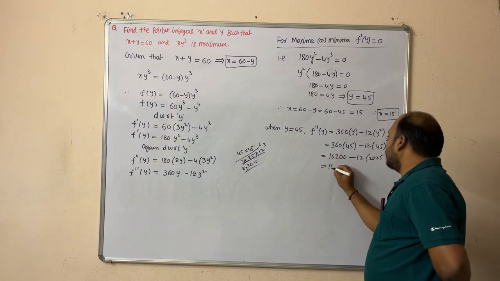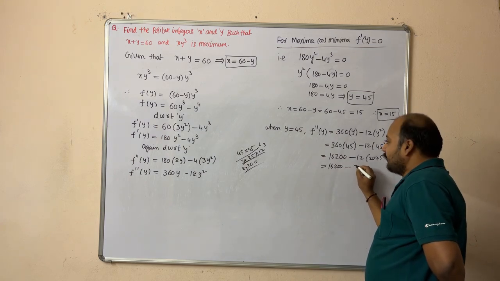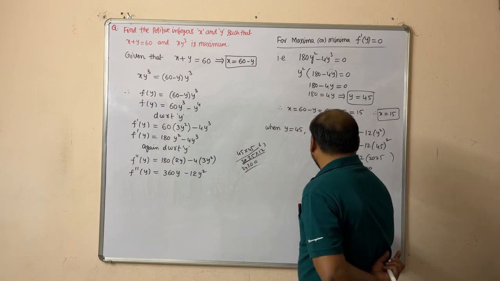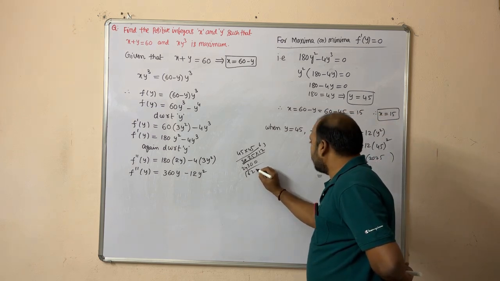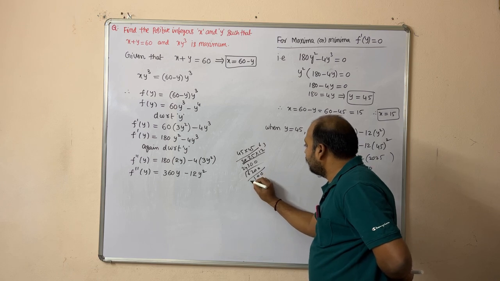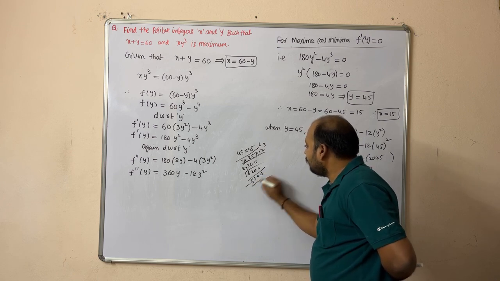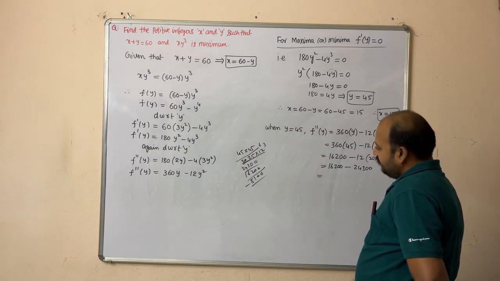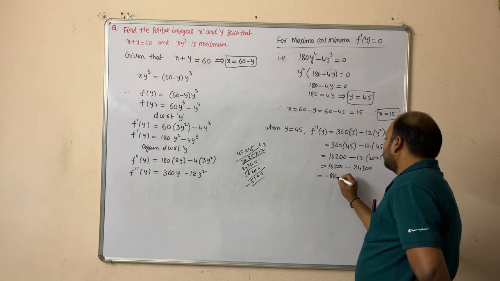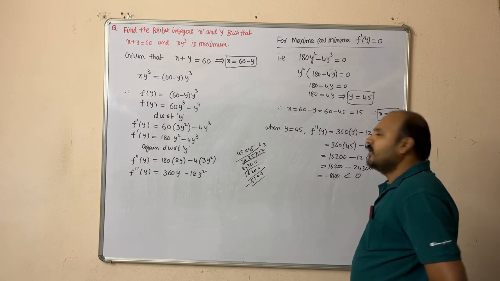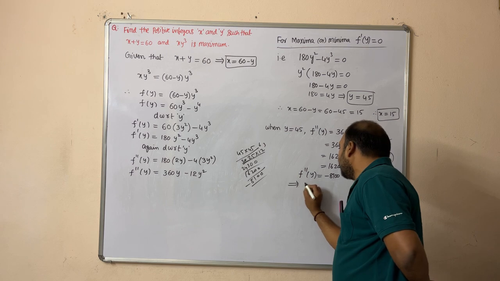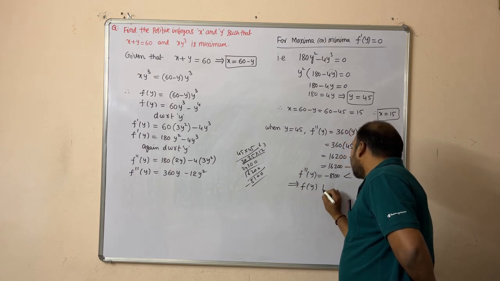So 16,200 minus 24,300 is minus 8,100. Anyway, it is less than 0, a negative value. F double dash of y is less than 0, that implies f of y is maximum.